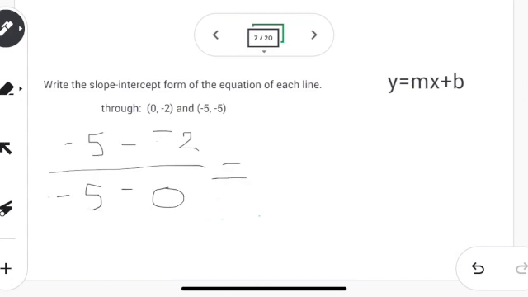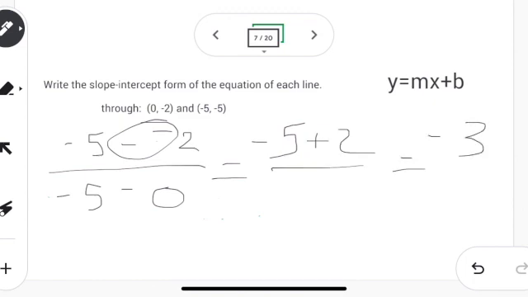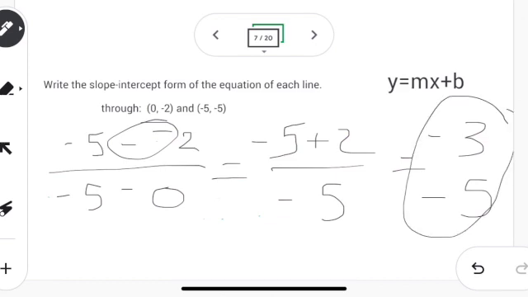And we would get, remember when you have the two negatives, that becomes plus, so negative 5 plus 2 would be negative 3, and negative 5 minus 0 is just negative 5. So my slope is negative 3 over negative 5. Remember, two negatives would make that positive, so that would just be 3/5. And then I just put that into my formula.